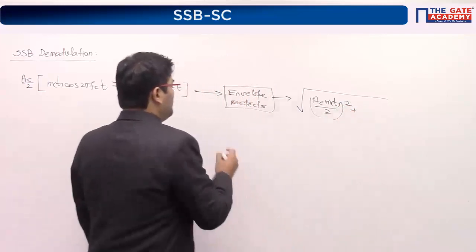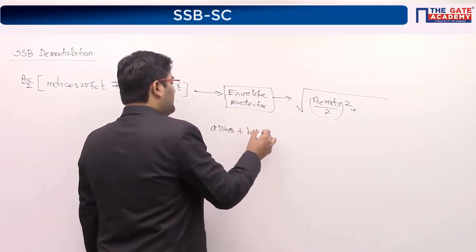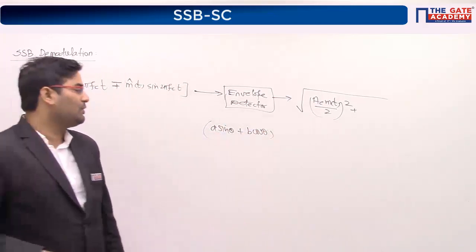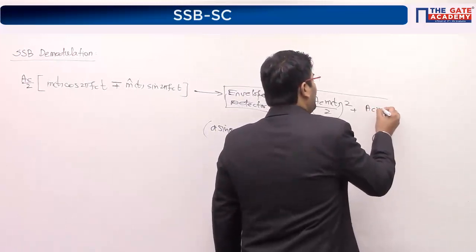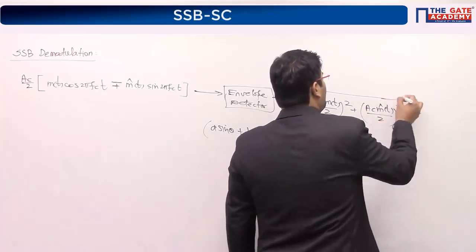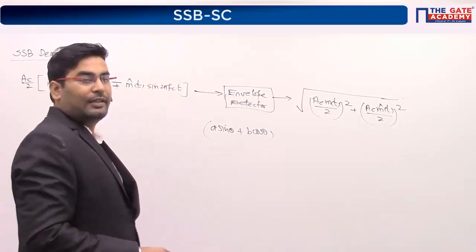If you recall, A sin theta plus B cos theta, I taught you in one of the sessions, so it will give you root under A square plus B square. So similarly, we will get Ac m(t) and Ac m hat(t) by 2, whole square. That will be the envelope detector output.